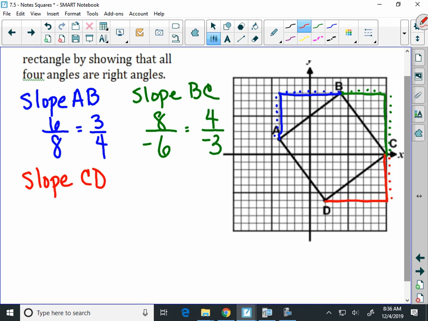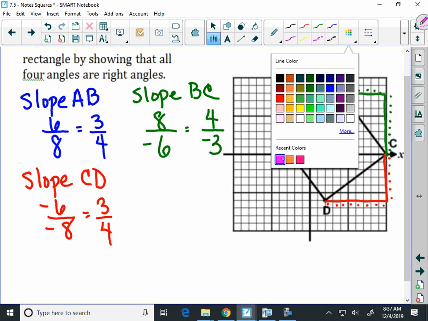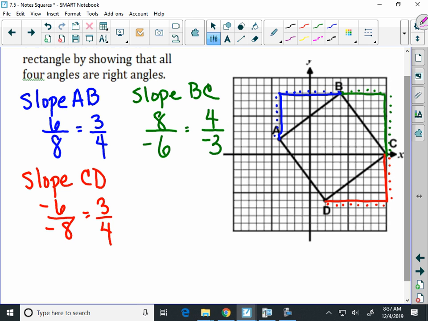We went down 6. And we're going to go left 1, 2, 3, 4, 5, 6, 7, 8. Negative divided by negative is positive, and if we simplify that fraction with decimals or a calculator, we end up with 3/4.